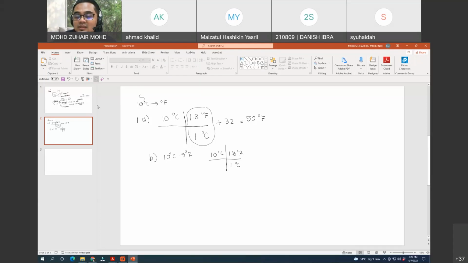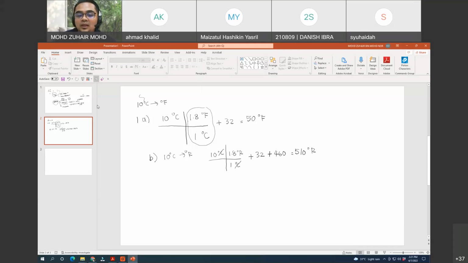Okay, this is just a normal conversion between SI unit and the English unit. And then we need to plus 32 and plus 460. So at the end, you're going to get 510 degree Rankine. Okay, so this is cancelled. This will be cancelled. So this is the answer.